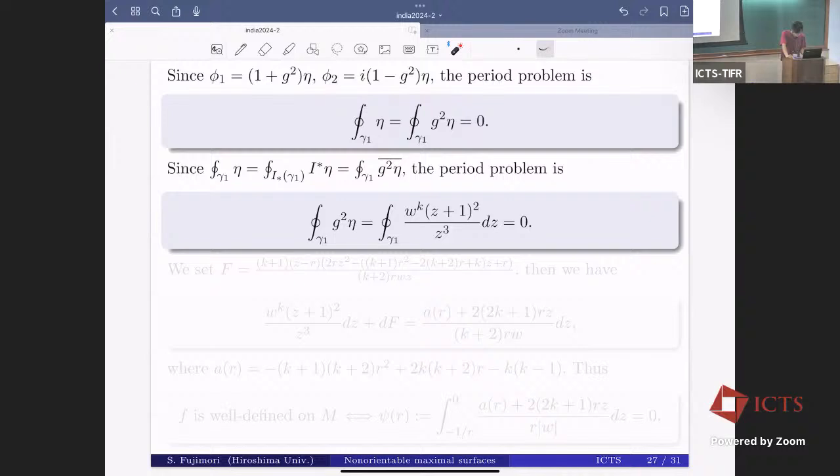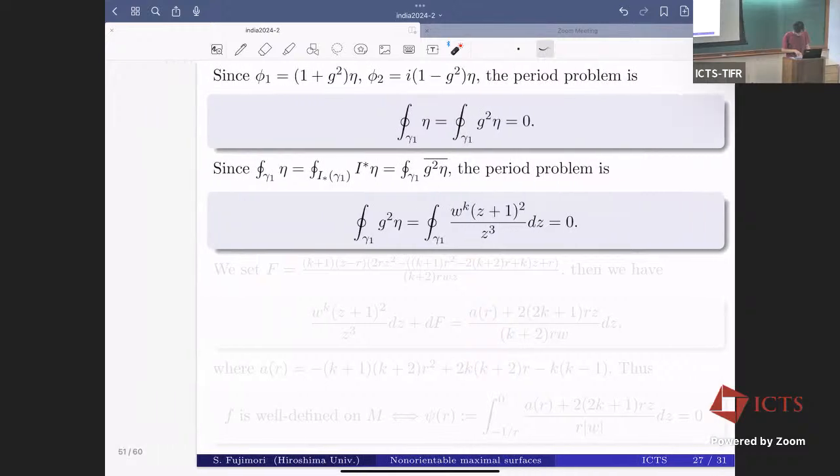So if it is 0, then this is automatically 0, by this relation. So the period problem is that one of these equations holds. If one holds, then the other holds automatically. So we can say the period problem is now this equation. So one complex equation.